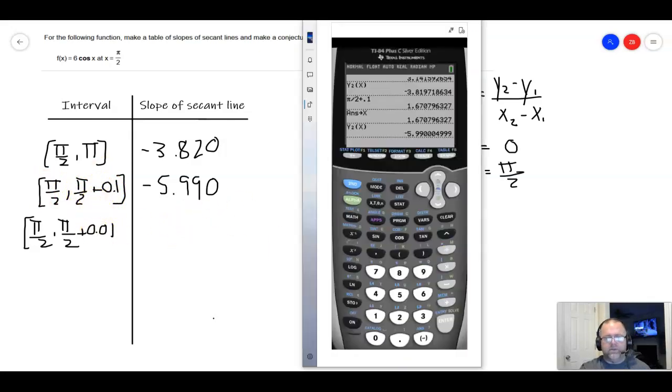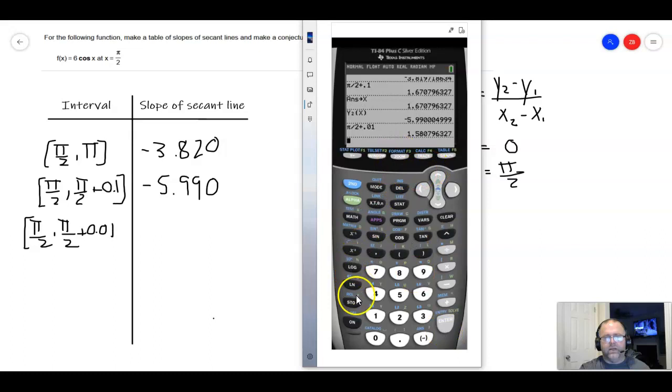We're going to do the same thing we did before. Second pi divided by 2 plus 0.01. Enter. Yep, about 1.58.